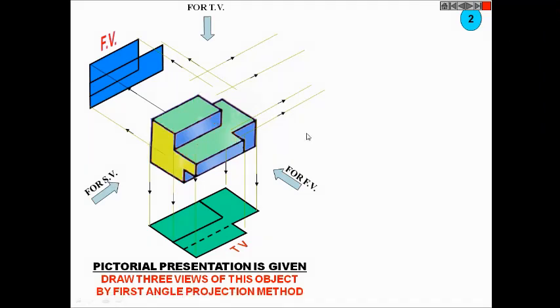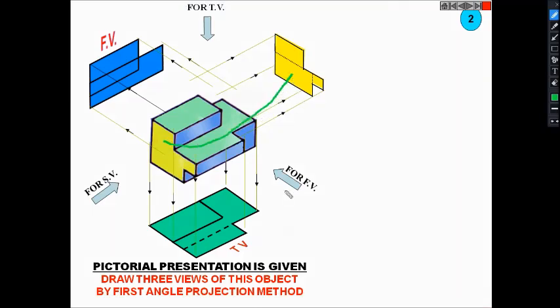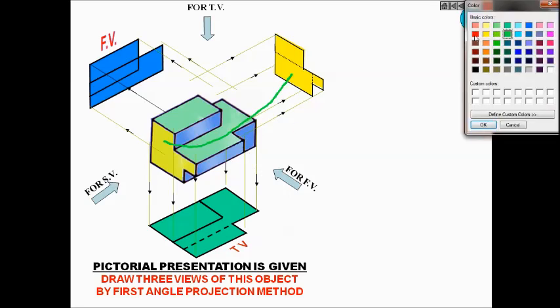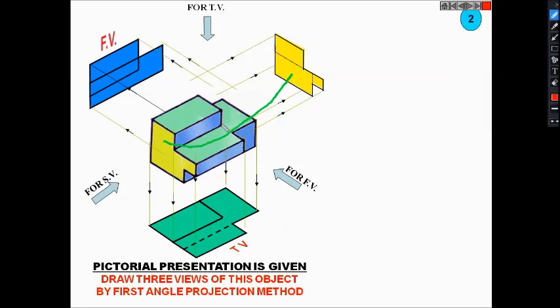So let's see how the side view looks like. The side view looks like this. As I said, this portion is directly visible to the observer, and the edge which is passing through this point in this particular direction is not visible, so this edge should be shown by using hidden line.